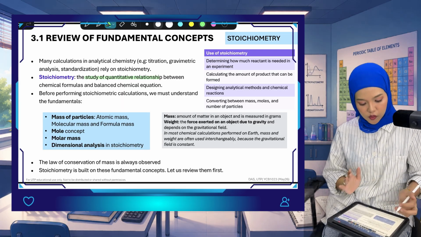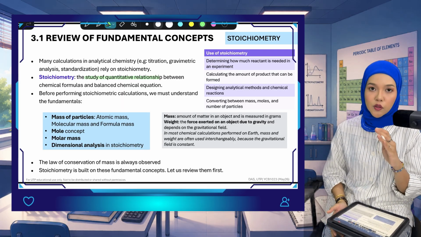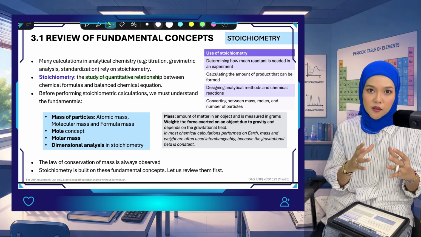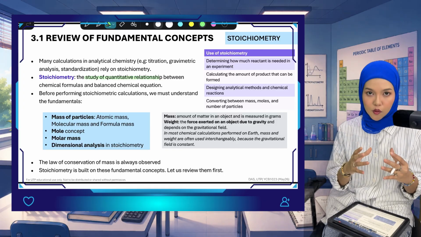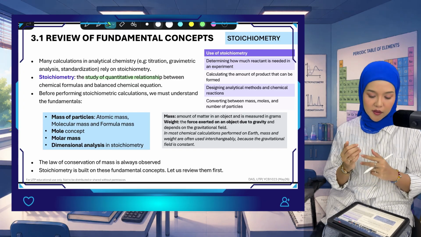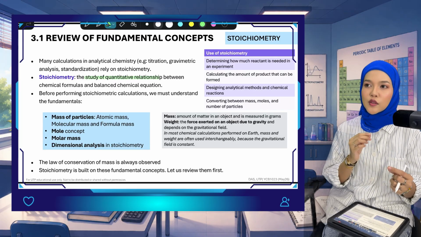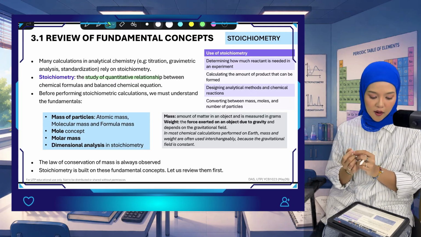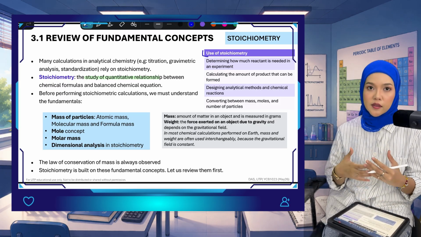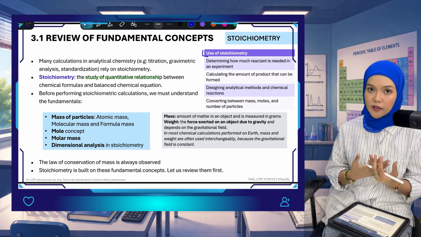If we want to perform stoichiometric calculations, there are several basic parts that we need to review: the mass of particles, the mole concept, the molar mass, and also how you interconvert between these.